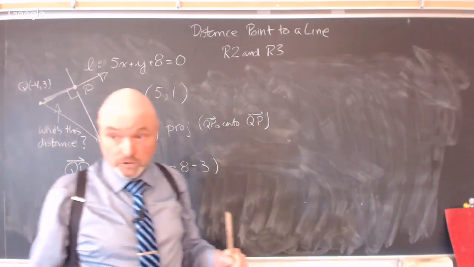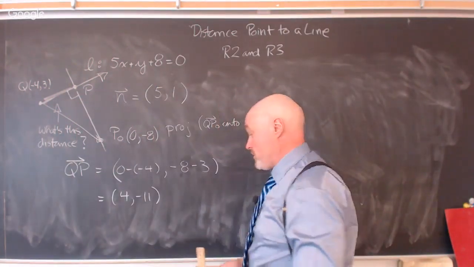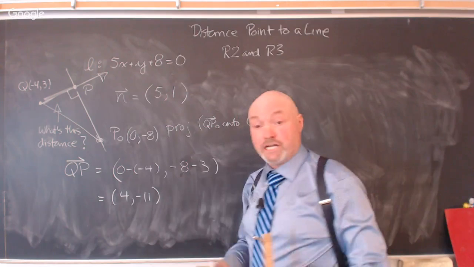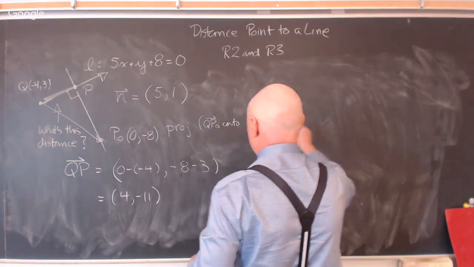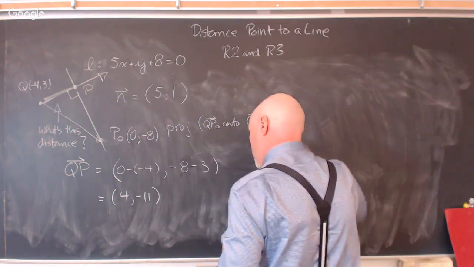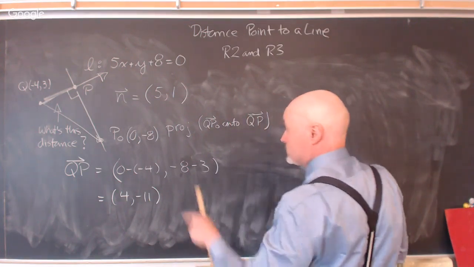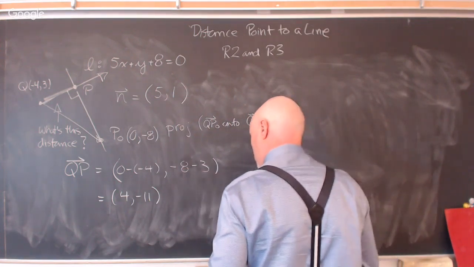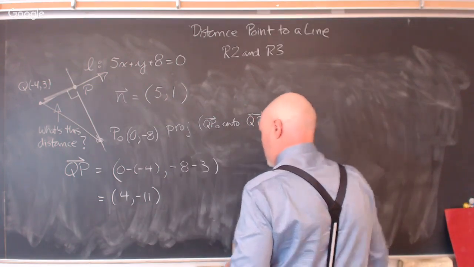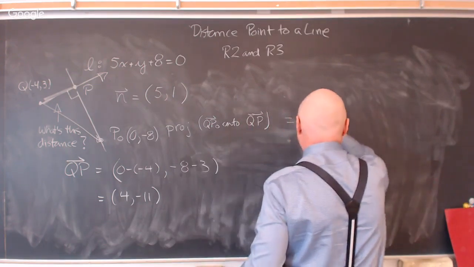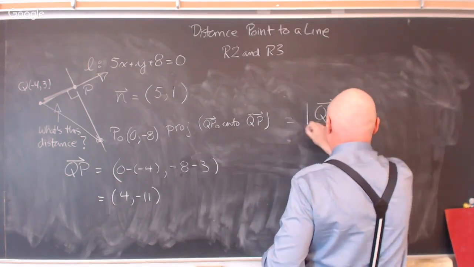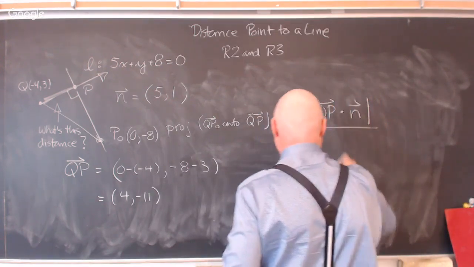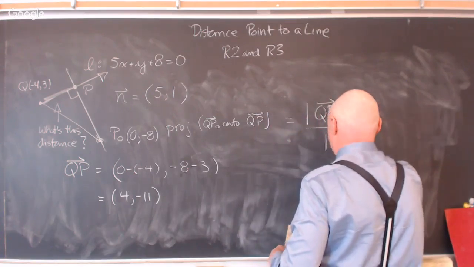So now I have QP in algebraic form, and I'm all ready to use my projection formula that was really just the dot product, okay? So the magnitude of the projection of QP naught onto QP is just equal to QP dot n, and then this is all over the magnitude of the normal vector.